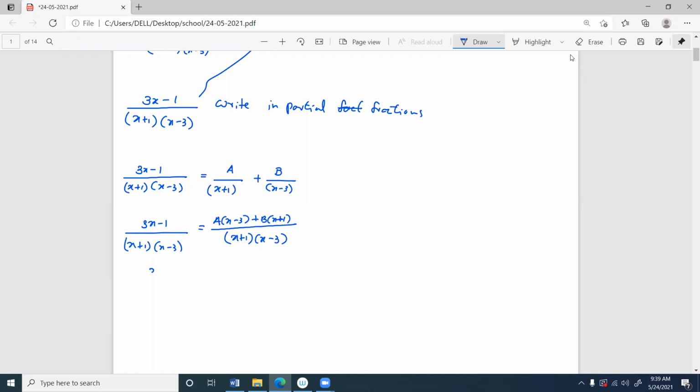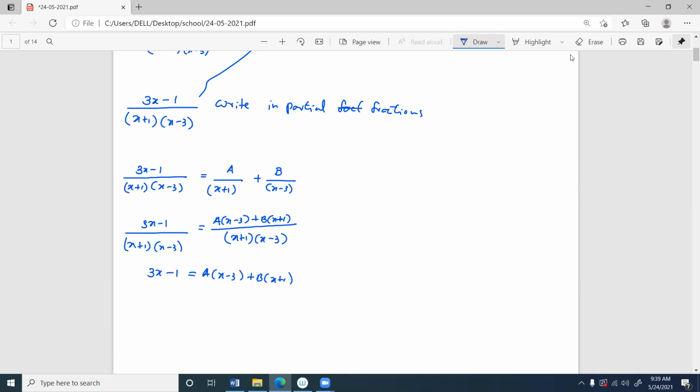Now you can see the numerator: A, x minus 3 plus B, x plus 1. Now if the denominators are similar, you can equate these numerators. That's the logic behind this.